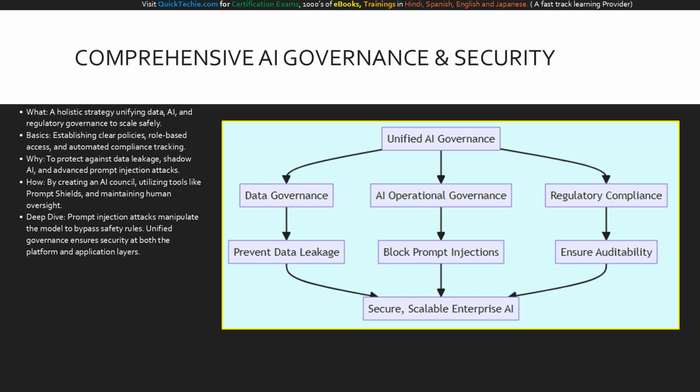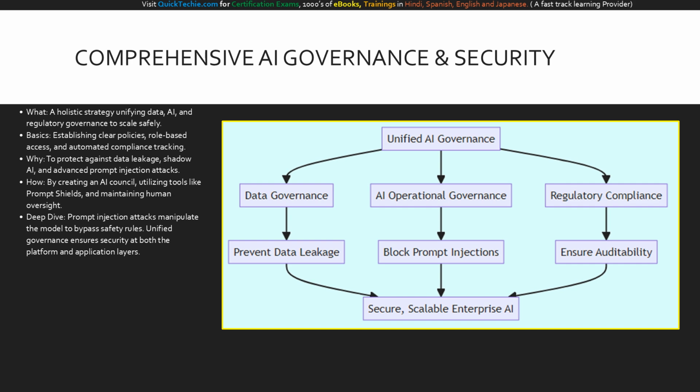Our final diagram illustrates the architecture of a resilient enterprise AI strategy through the lens of unified AI governance. Notice how the main node branches into three indispensable pillars: data governance, AI operational governance, and regulatory compliance. If any of these pillars fail, the entire structure collapses. Data governance flows down to prevent data leakage, ensuring your proprietary information remains secure.